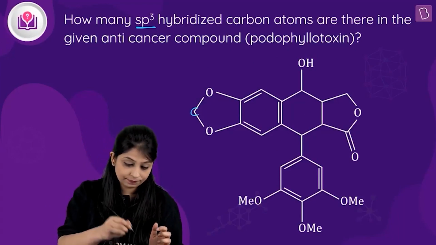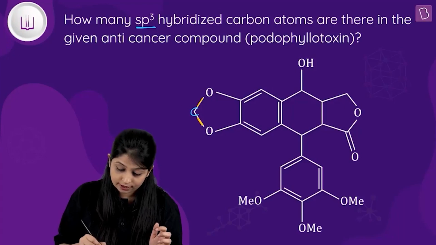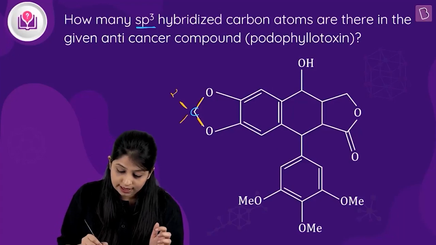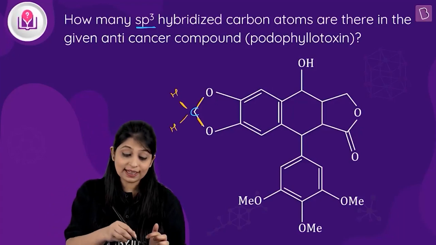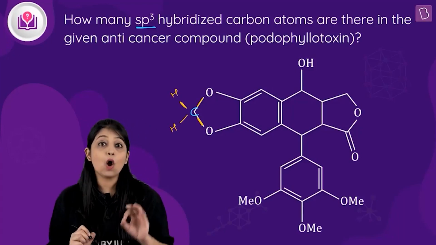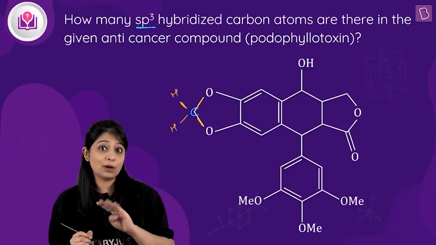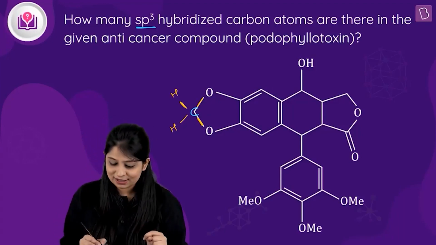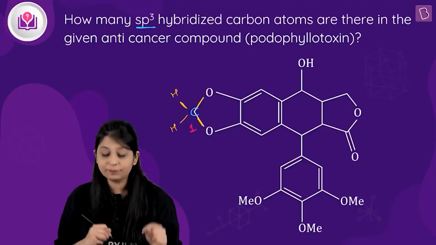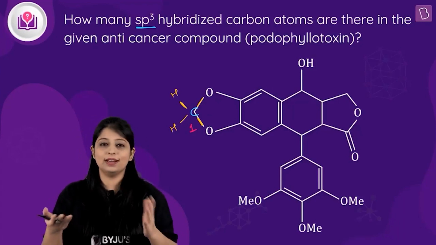It has 2 sigma bonds here and 2 other sigma bonds that it is making with 2 hydrogen atoms. So it has a total of 4 sigma bonds. That means its steric number is 4. That's why the hybridization is sp3. So this is our first carbon atom which is sp3 hybridized.